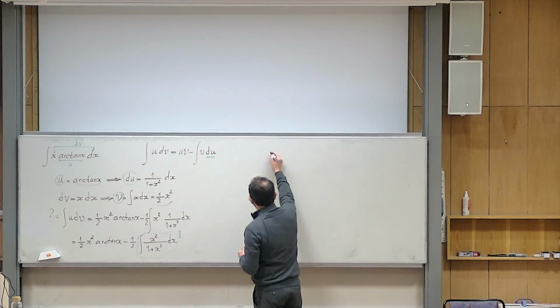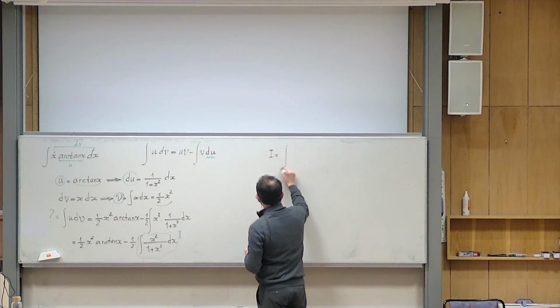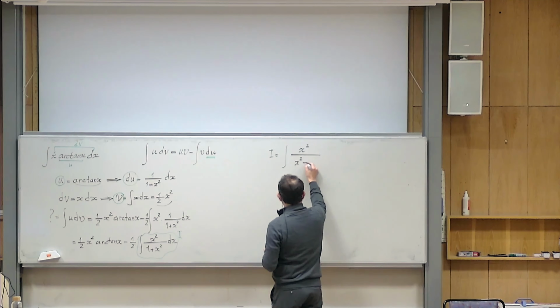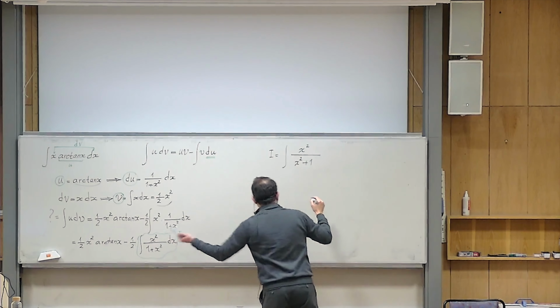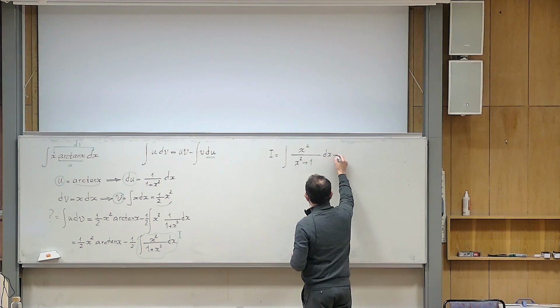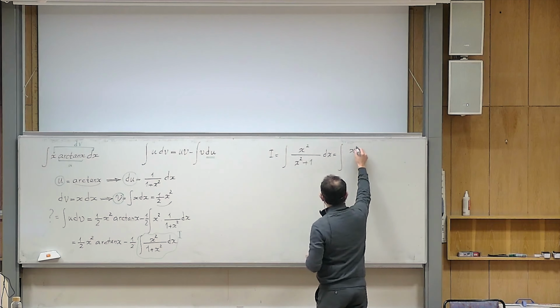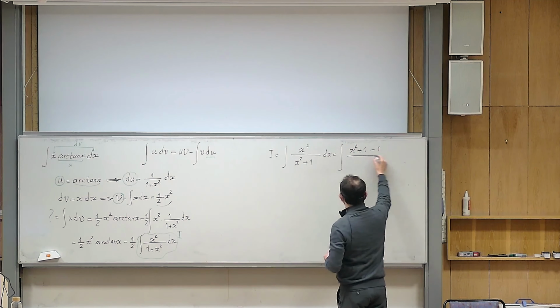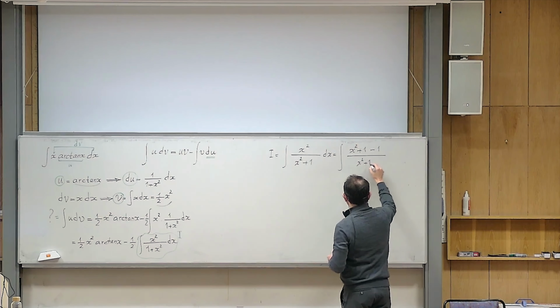My I is equal to the integral of x squared divided by x squared plus 1, that is 1 plus x squared, dx. The trick is to add 1 to the numerator and subtract 1, and then divide by x squared plus 1 dx.